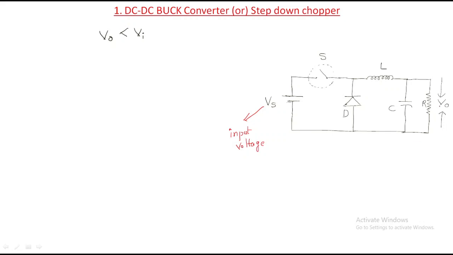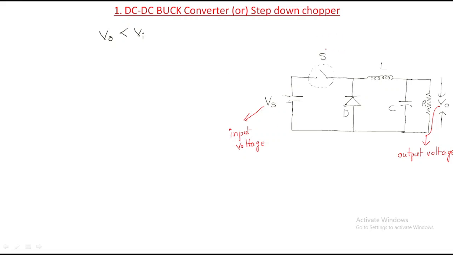And what is this V0? V0 is the output voltage. This is the input voltage and this is the output voltage. So in this DC to DC buck converter or step-down chopper, the output voltage must be less than the input voltage. How we get this, we have to discuss here.